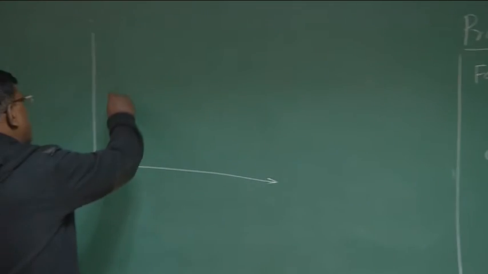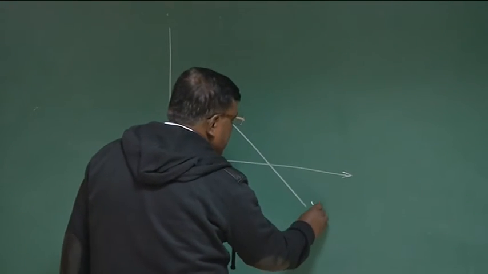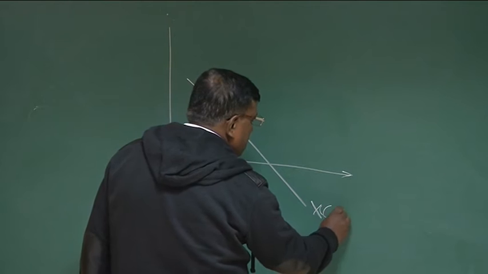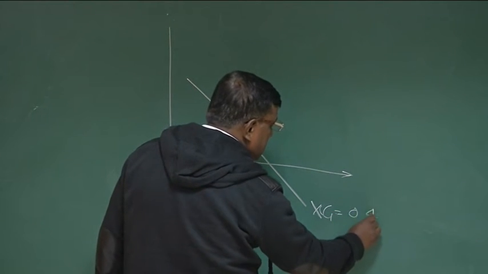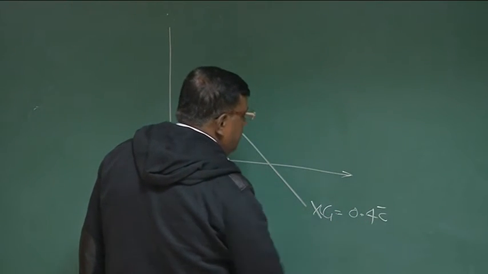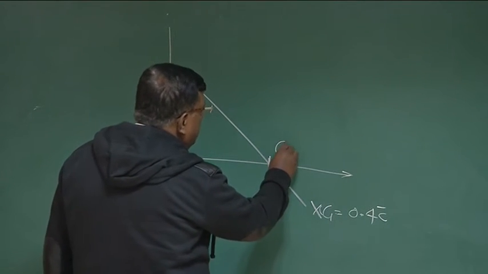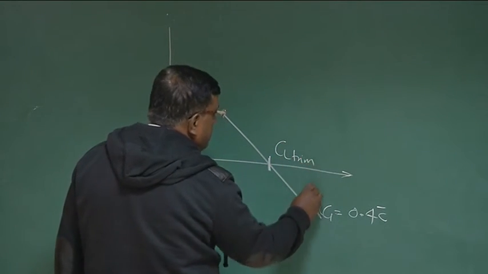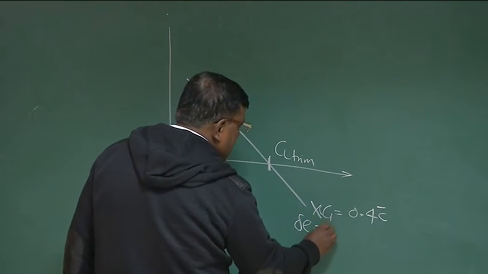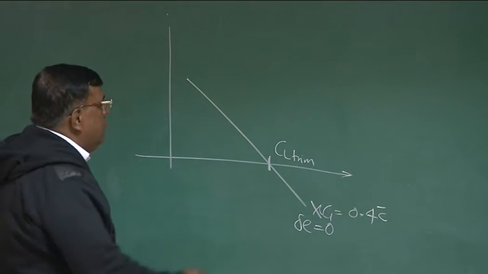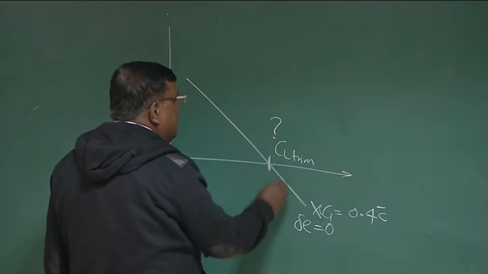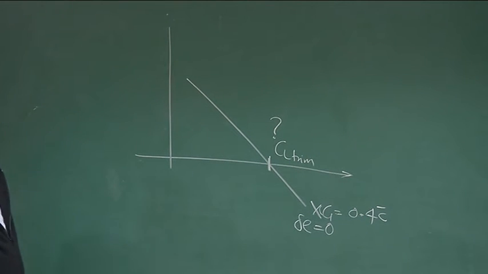So now the question is, it is given now XCG is equal to 0.4 C bar. At this point I want to find out what is that CL trim given delta E equal to 0 again. So now the question is, what is this CL trim value? Right?